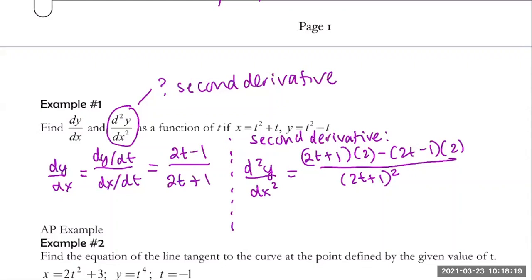Because of the implicit part, this is the part where we divide by dx/dt. So you have the expression for dx/dt already. So I'm going to circle that. dx/dt was 2t plus 1. So we're going to divide by 2t plus 1.